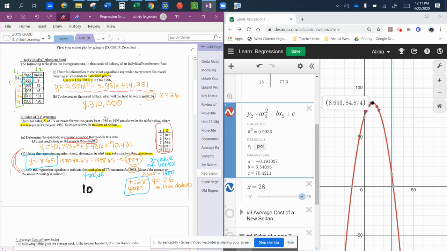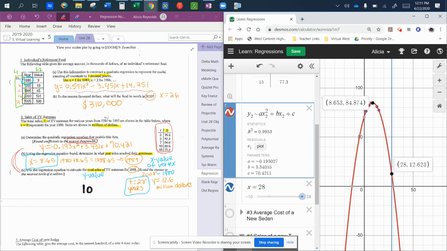So I'm going to subtract 1980 to figure out how many years are between 1980 and 2008. And I get 28. So when t equals 28, that's what this x represents. X and t are the same. X is time. So when x equals 28, I'm looking at the intersection of my line at 28 years and my parabola, my prediction.